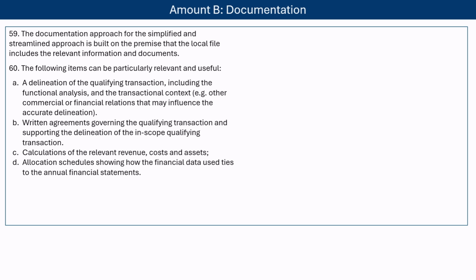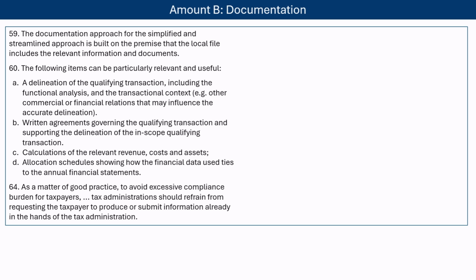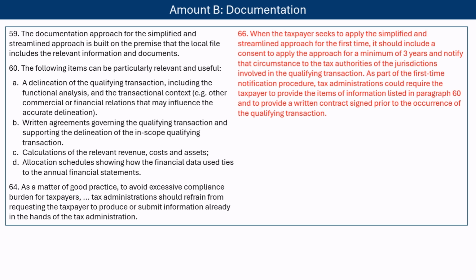So you need to be able to link your distribution, income and cost, etc. to your local annual report published by the Chamber of Commerce. There's another helpline thrown to taxpayers where the guidelines say, as a matter of good practice to avoid excessive compliance burdens for taxpayers, tax administration should refrain from requesting the taxpayer to produce or submit information already in the hands of taxpayers. I think this is useful.